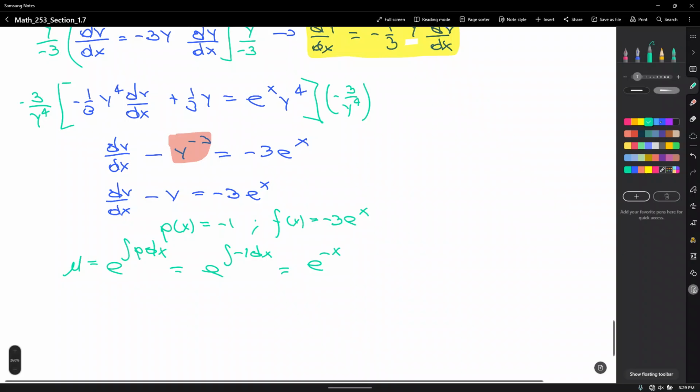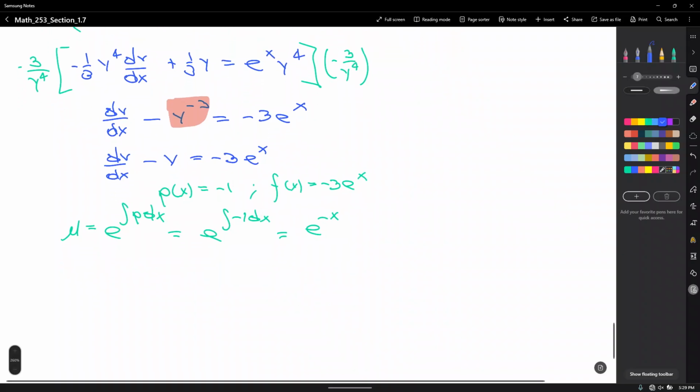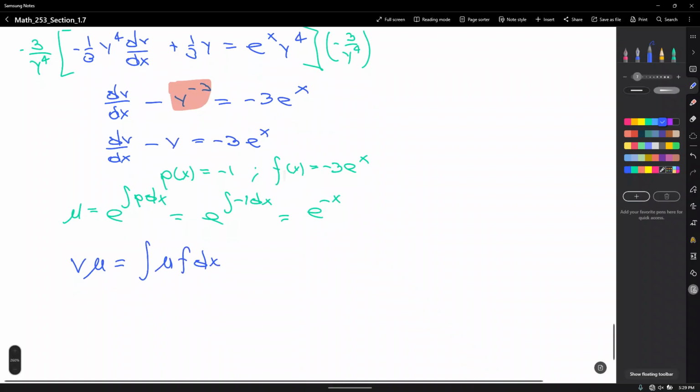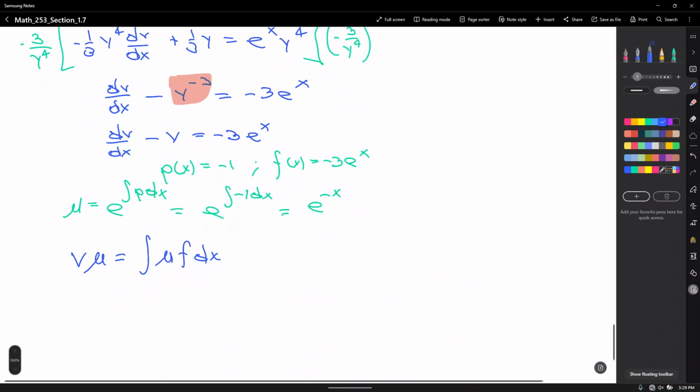For the formula, v mu equals the integral of mu f dx. Just substitute into the formula to solve the linear equation. Substituting mu equals e to the negative x, v e to the negative x equals the integral of e to the negative x times f, which is negative 3 e to the x, dx.